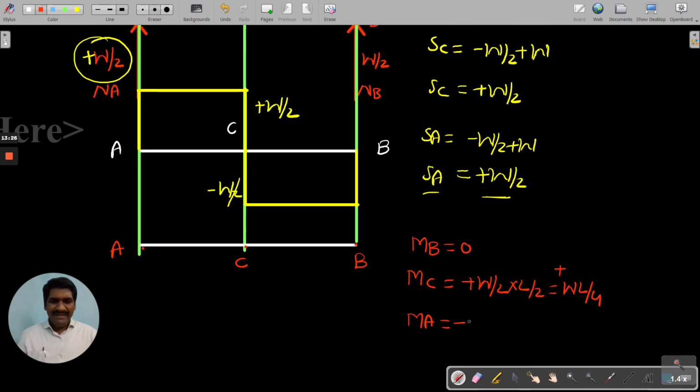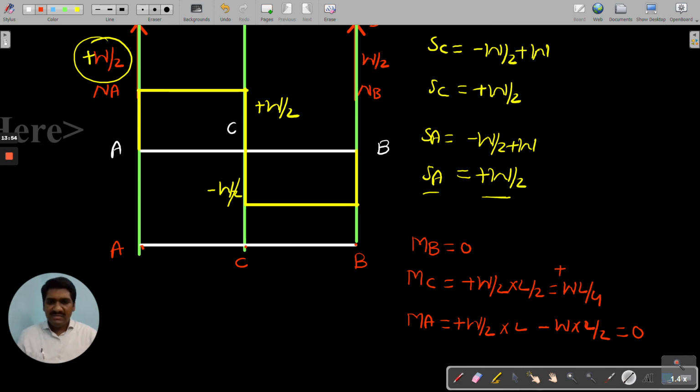So, W by 2, load value, multiplied by total distance L, and since it is anti-clockwise, it should be taken as positive, minus W into L by 2. It is clockwise, so it should be taken as negative, is equal to 0. Therefore, at the point A, the bending moment is equal to 0. At the point B it is also 0.